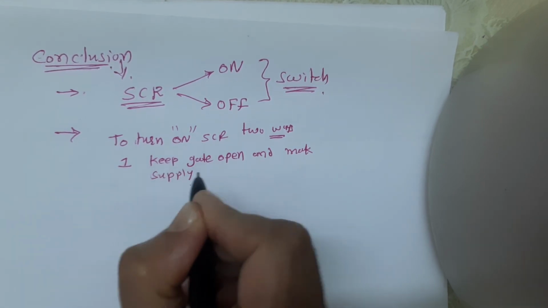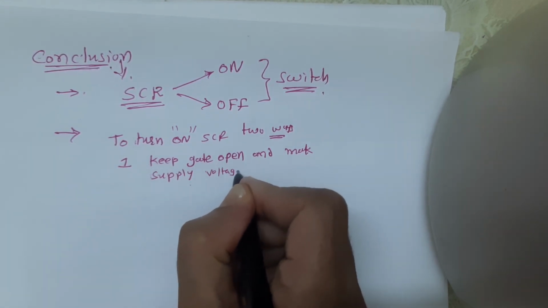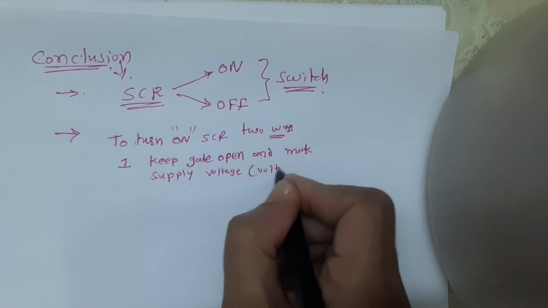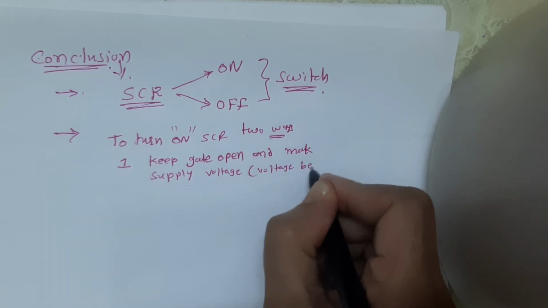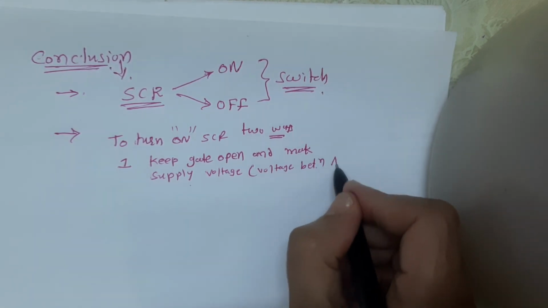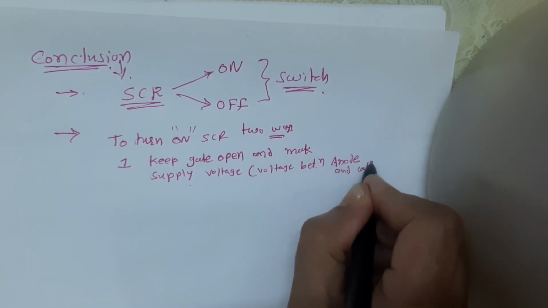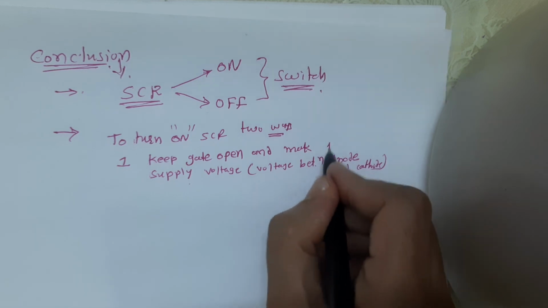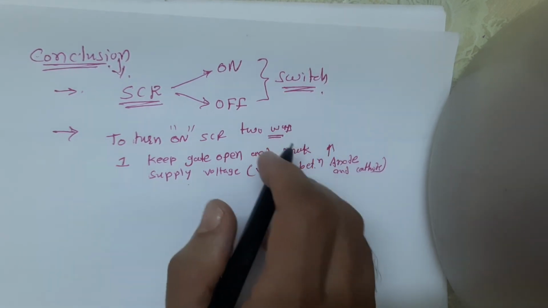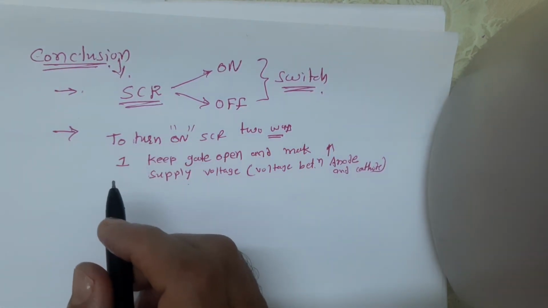What is this supply voltage? The voltage between anode and cathode. Increase this voltage in such a way that the SCR is turned on.